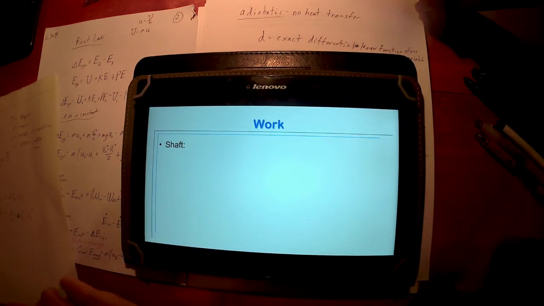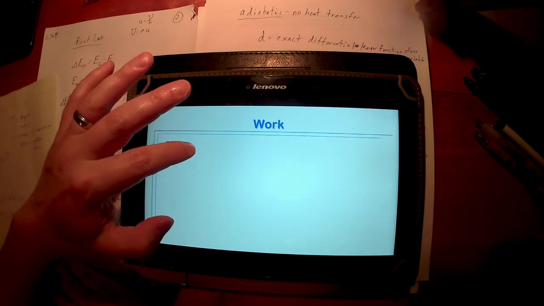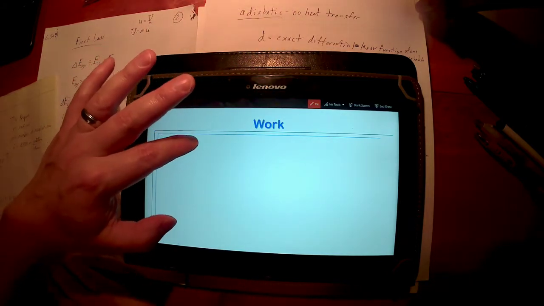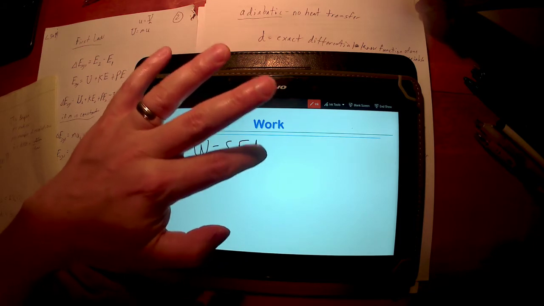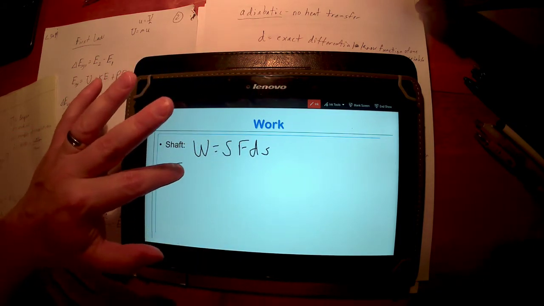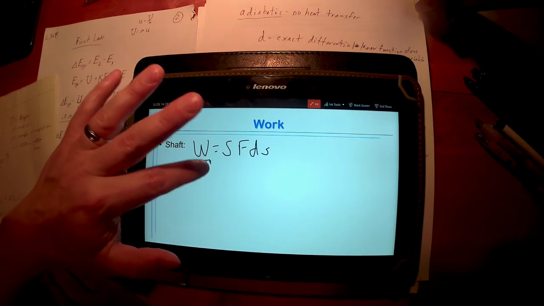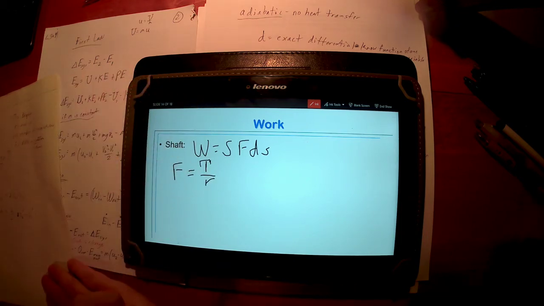So shaft work, right? So here's the thing. You've got, again, work. Now, we've got work being the integral of force with respect to distance, right? Well, if force is equal to a quantity we call torque divided by radius, right?